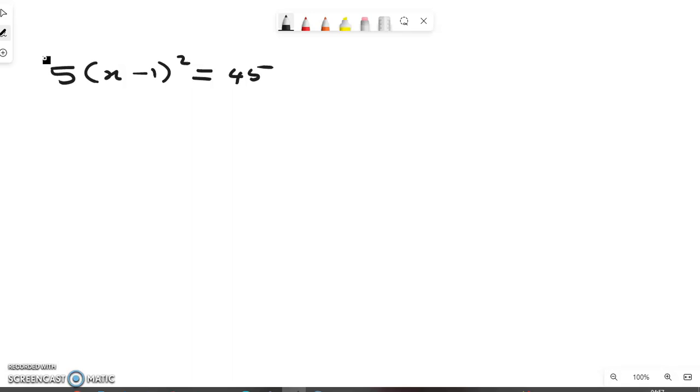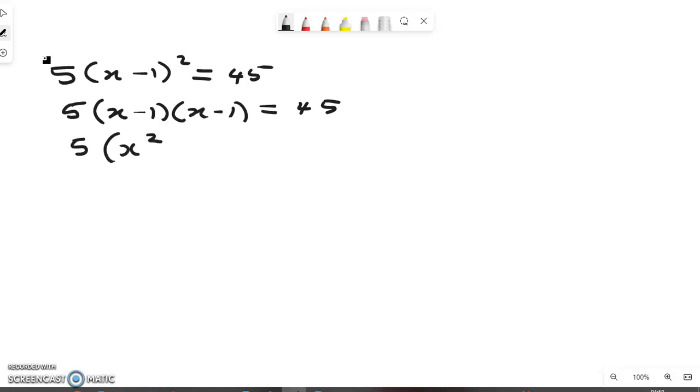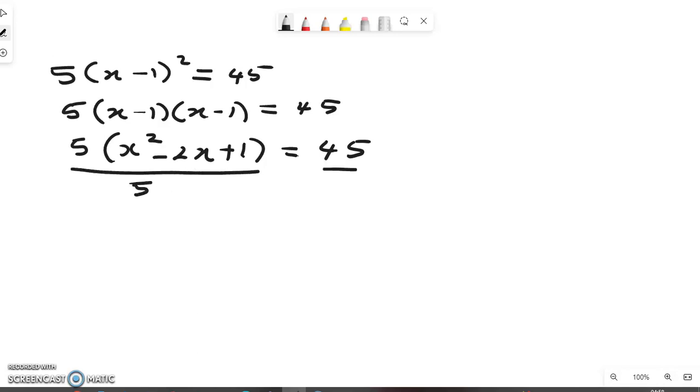So this is x minus 1 into x minus 1, is equals to 45. Then this is 5 into x squared minus 2x plus 1 is equals to 45. Then all this we can just simply divide by 5 on both sides.